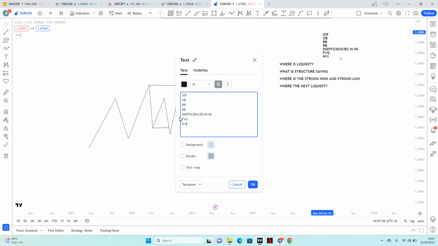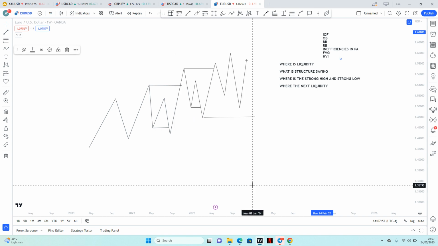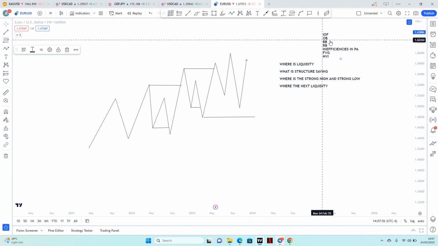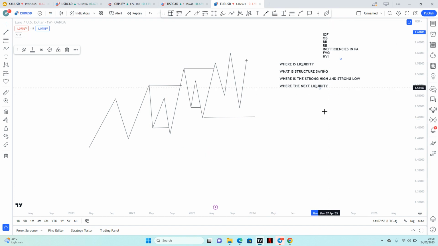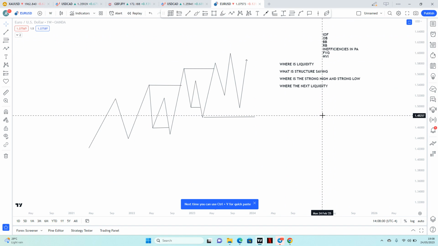So under this inefficiency in price action, we should be talking about the fair value gap and the high volume imbalance only. Now that we know what an order block is and what to look for before we pick it: first, where is liquidity and what is structure saying?